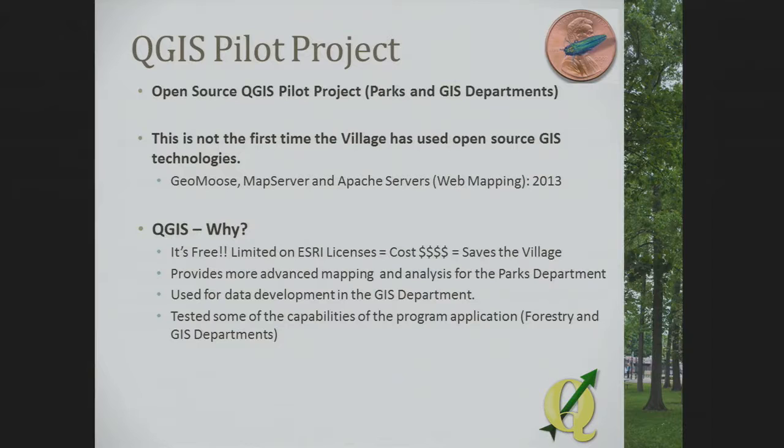One of the things that we've done this year in the Parks Department and in the GIS Department, I had a GIS intern that worked with me during the summers. We started utilizing QGIS. Like I mentioned, I don't want to get into too much of the details of QGIS, because it's not really for the discussion, but it was a test pilot to see how QGIS would be effective for our organization.